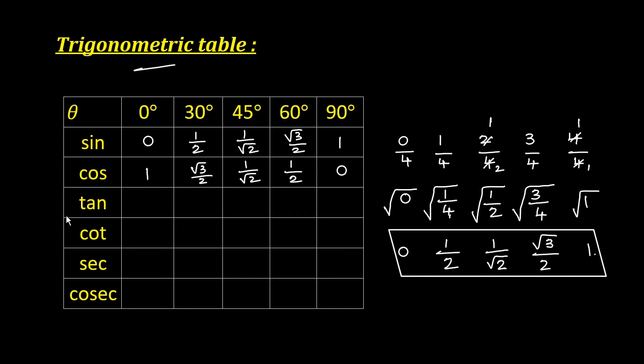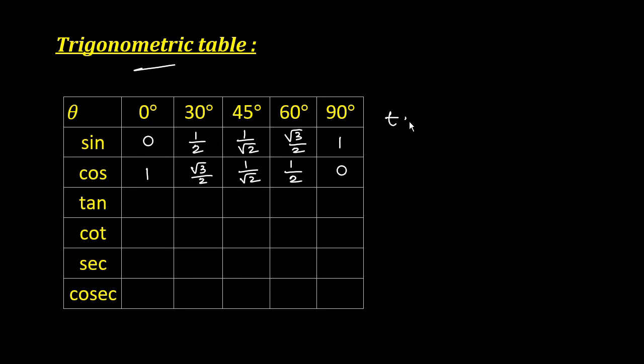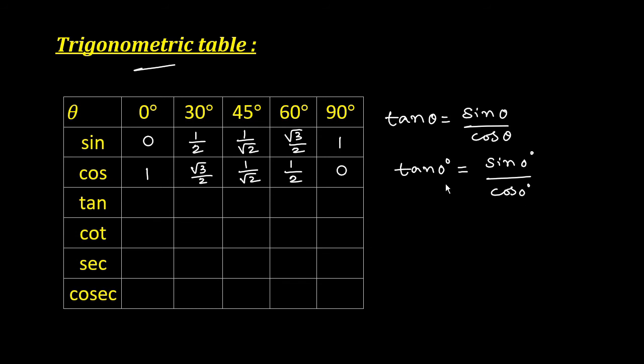Now tan. Tan can be expressed as the ratio of sine and cos. So if you want to find tan 0, it can be found by applying sine 0 divided by cos 0. Whatever angle you consider shall be the same for sine and cos.